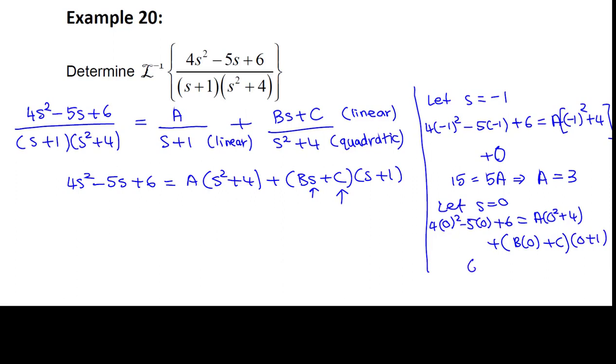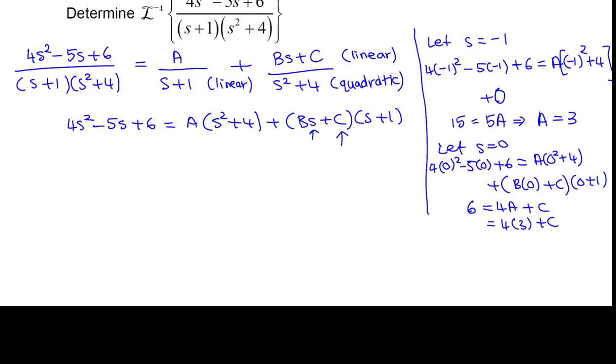So we get 6 equals 4a plus c. We know that a is 3, so 6 equals 12 plus c. c is equal to negative 6.